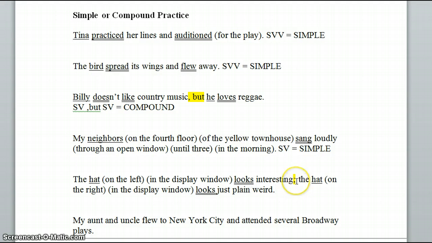This semicolon, a little teeny semicolon, is also one of your glues. This is an additional glue that we'll cover after your quiz, so don't worry about the semicolon. But it is an SV, semicolon, SV, and that equals compound. I'm just going to put CD.